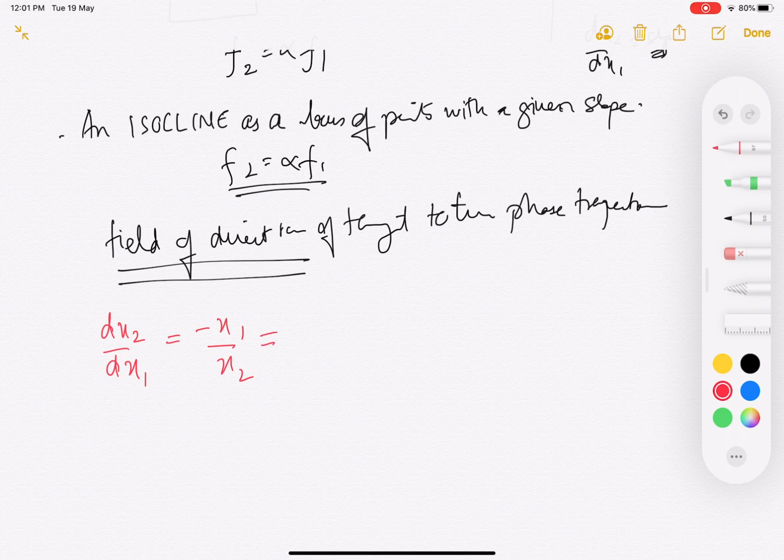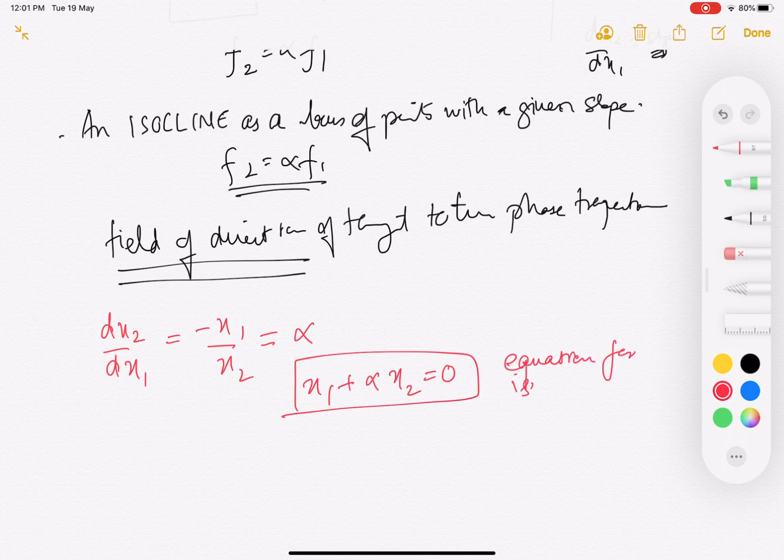And let me say that the slope is alpha, right? So the equation for the isocline becomes x1 plus alpha x2 equal to 0. So this is the equation for the isocline with slope alpha.